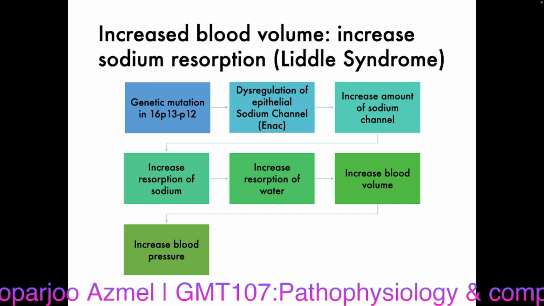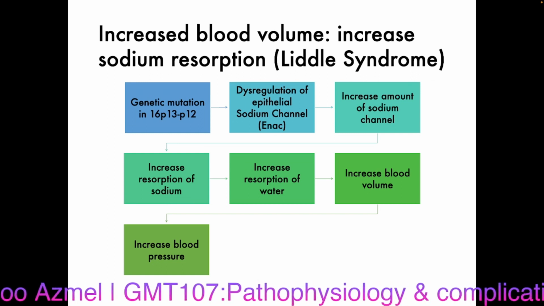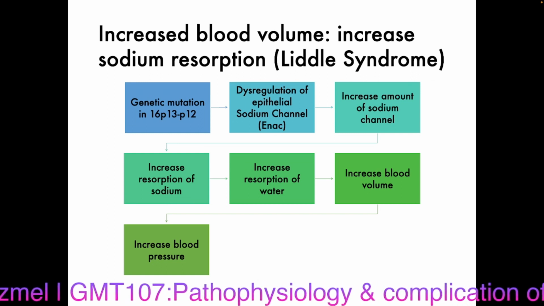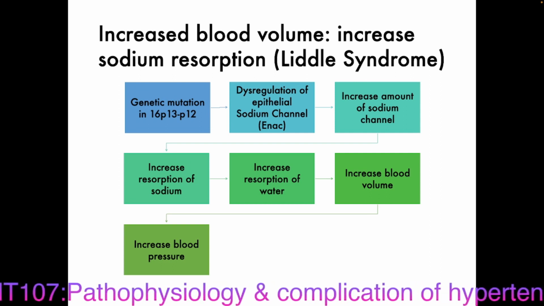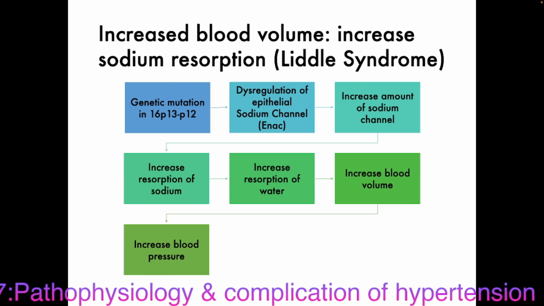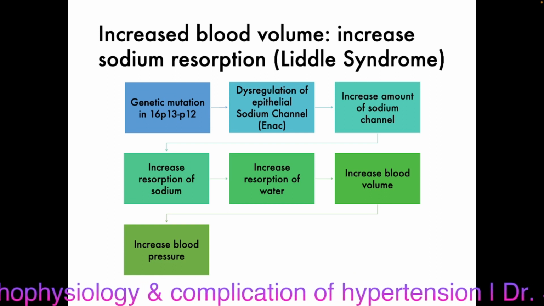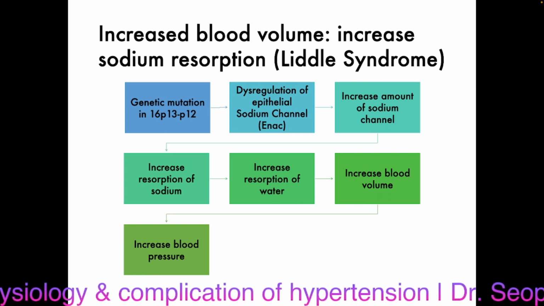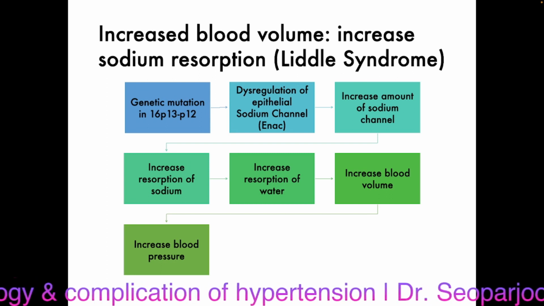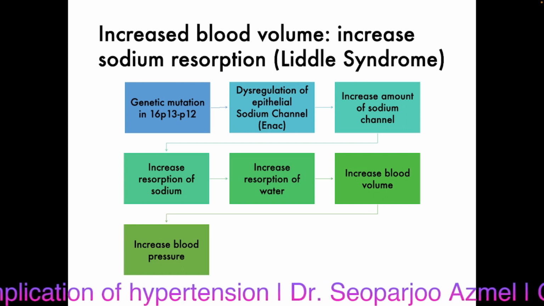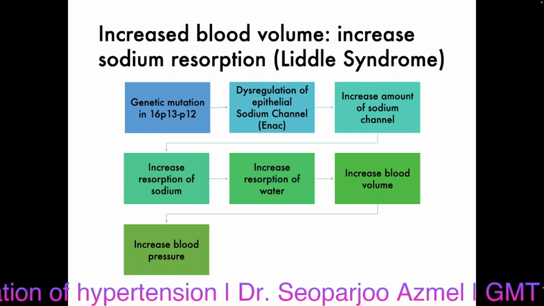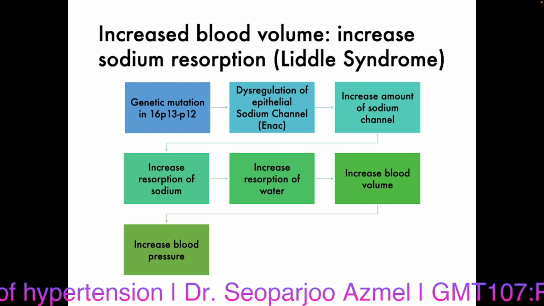Alright, so the next is the increased blood volume, which is caused by increased sodium reabsorption. There are some genetic factors, genetic mutations in persons that can cause an increase in sodium resorption. For example, in this case, Liddle syndrome. There is a genetic mutation in the 16p13-p12 gene.